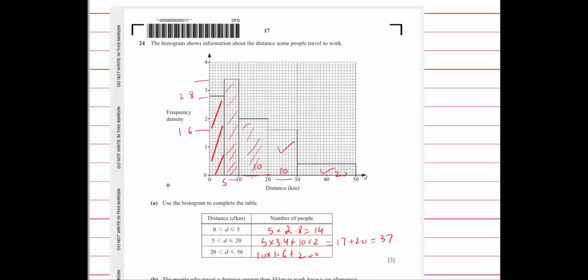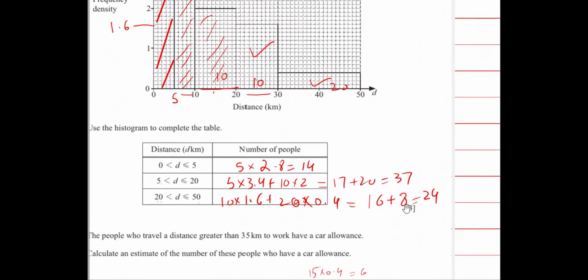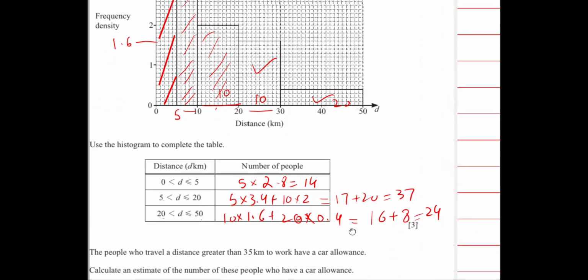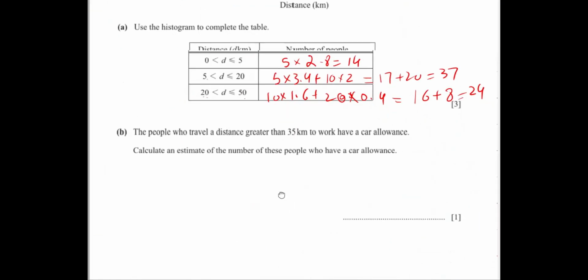Therefore, we write 20 into 0.4, and this value becomes 16 plus 8, which is equal to 24, and 24 people travel the distance from 20 to 50 kilometer. This is the answer.